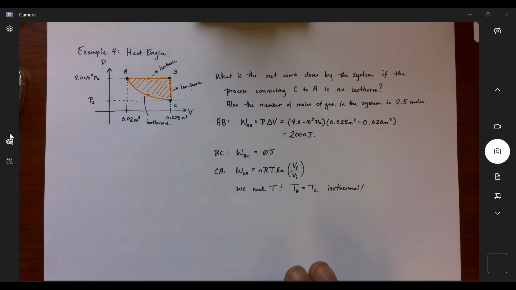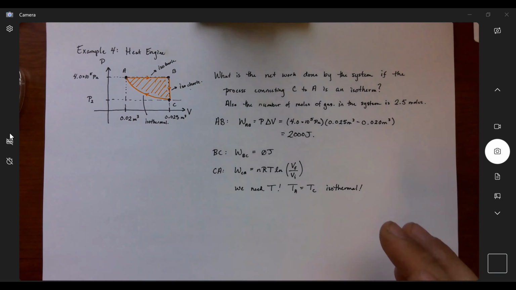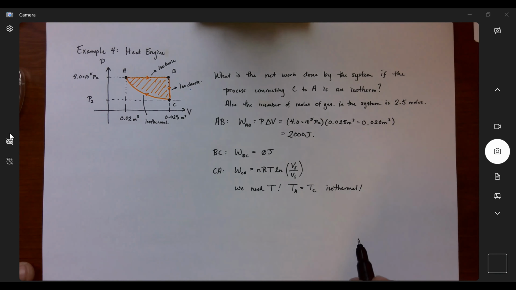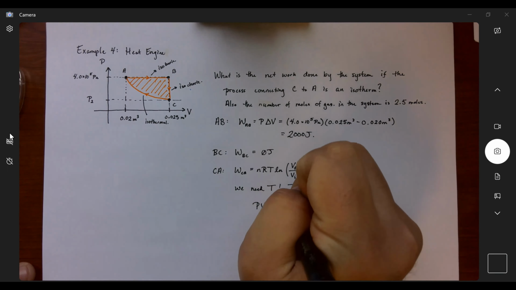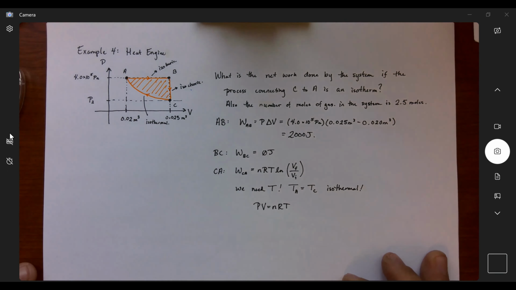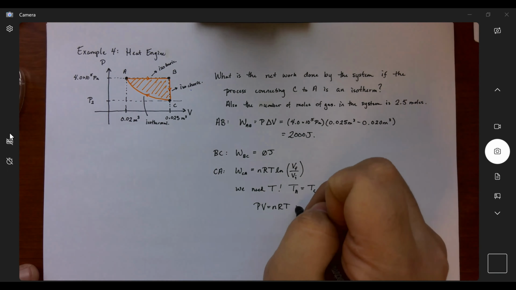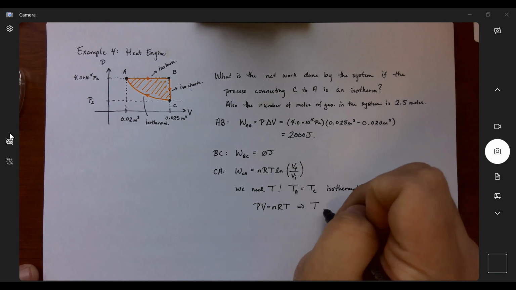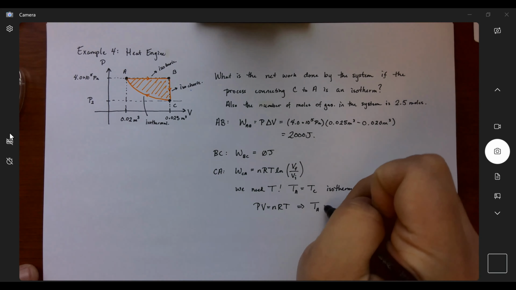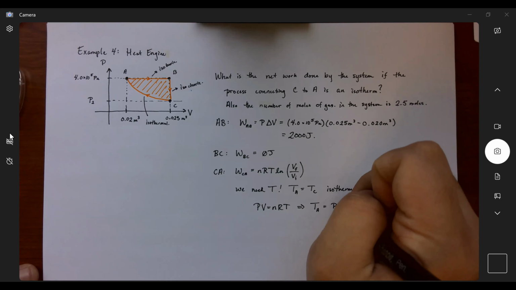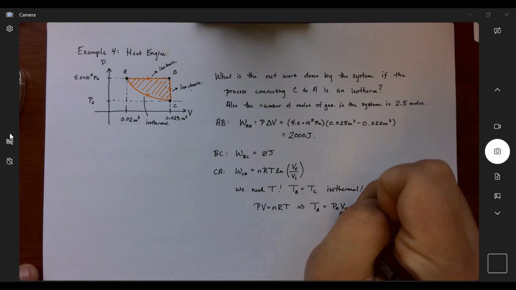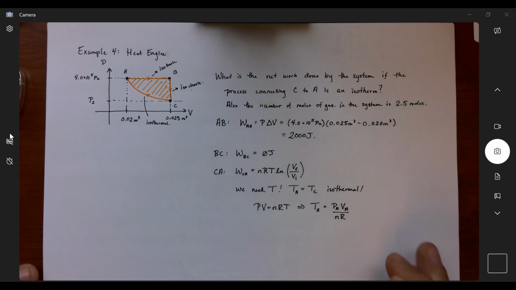How are the pressure and volume related to the temperature, say for an ideal gas? What can we use to find that temperature? PV equals nRT. Yep, the ideal gas law. And so we can find the temperature, say at A, being equal to the pressure at A times the volume at A over N times R.